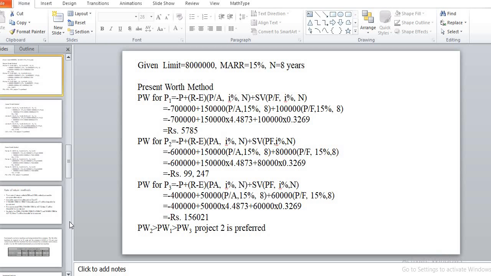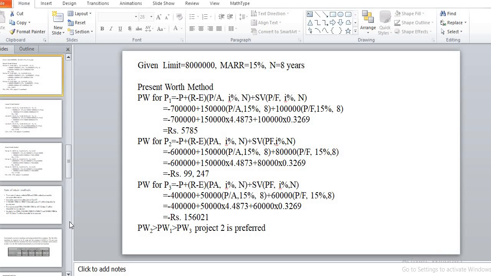So in all these three methods, there are three factors we consider for calculation of the present worth, annual worth or future worth. Those three factors are investment, revenue and salvage value.